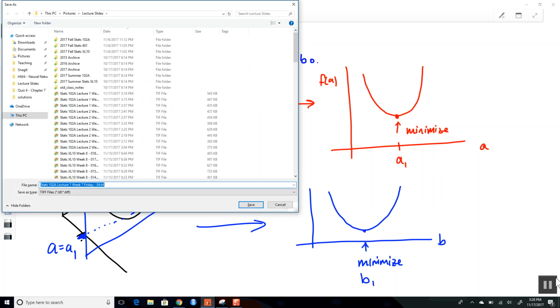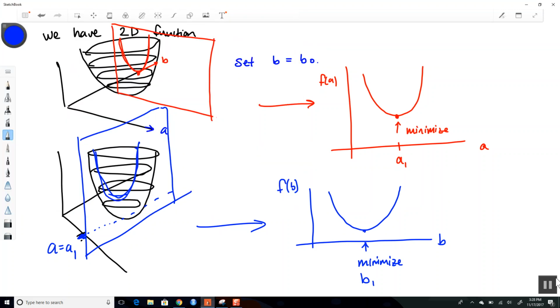And we just continue slicing in one direction by setting it to a constant, and then once we've minimized it there, we draw a slice at that location. And we just keep going back and forth, and eventually this will lead us to the global minimum, okay?